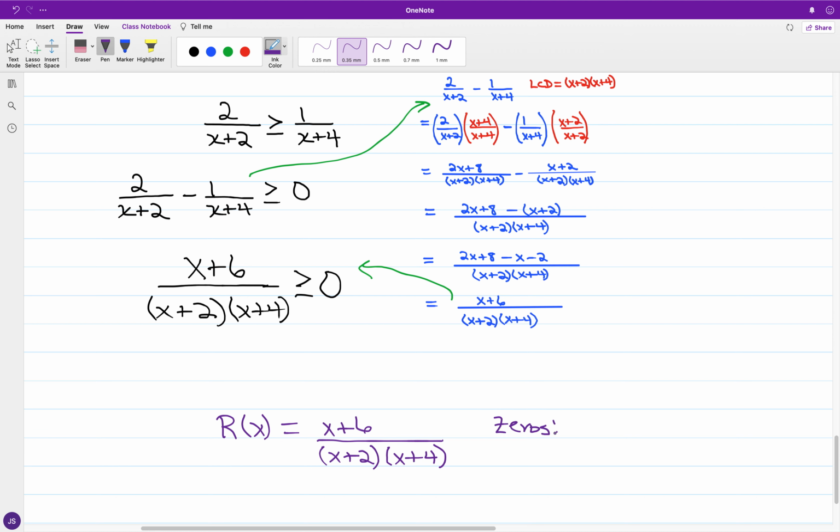Now for the zeros, with x plus 6 in the numerator, the 0 from this would be negative 6.